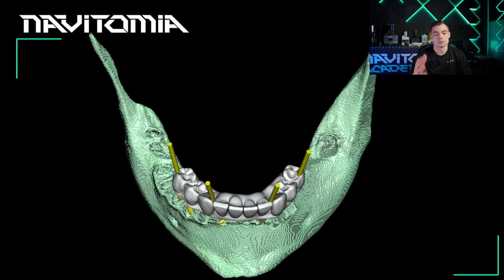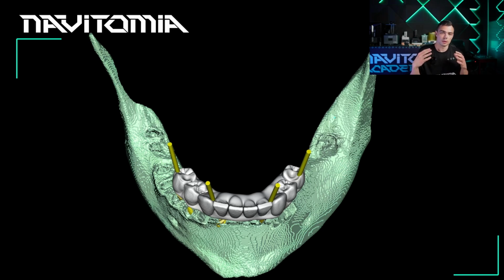But if you get such a situation while planning implants, you realize that most probably you will have trouble fitting this prosthesis on the multi-unit abutments.